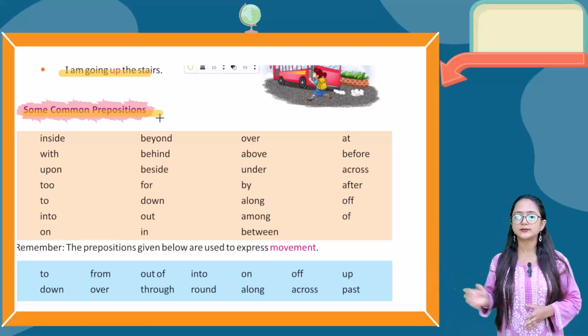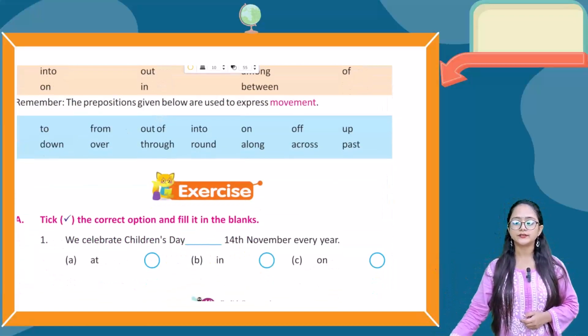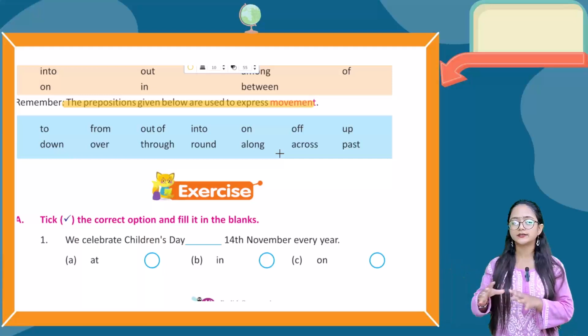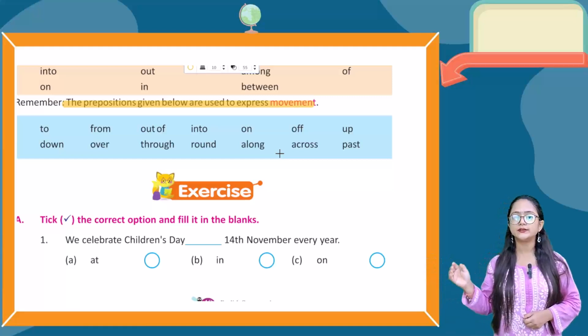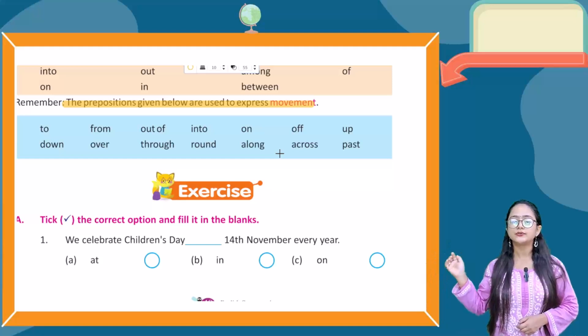Now, the prepositions given below are used to express movement: to, down, from, over, out of, through, into, round, on, along, off, across, up, past.